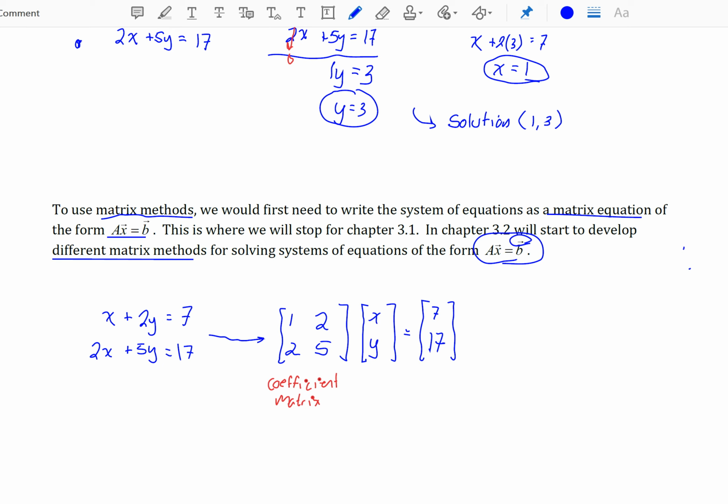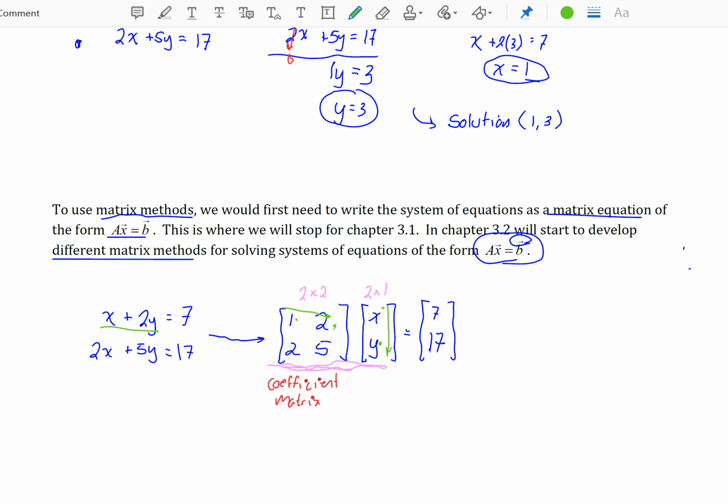Now, we probably should confirm that the left-hand side of our matrix equation does equal the left-hand side of our original system. So here, notice that this is going to be a 2 by 2 matrix times a 2 by 1 matrix. The inner dimensions are the same, so we are allowed to do the multiplication. And when we do this multiplication, it'll be 1 times x plus 2 times y. It's this first part of our system of equations.